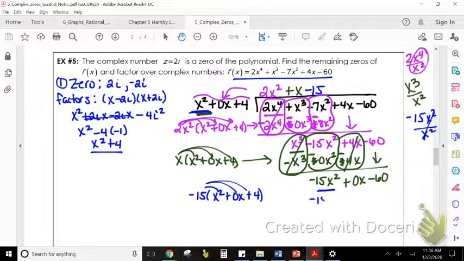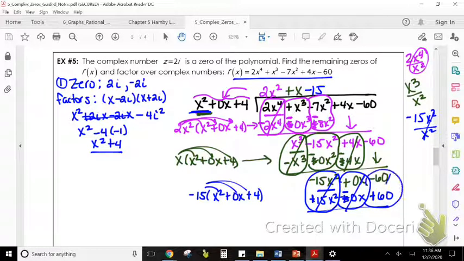So we got negative 15x squared plus 0x minus 60. We're going to subtract it, which means change all the signs. Negative 15x squared plus 15x squared cancels. 0x minus 0x cancels. Negative 60 plus 60 cancels. So we have no remainder.